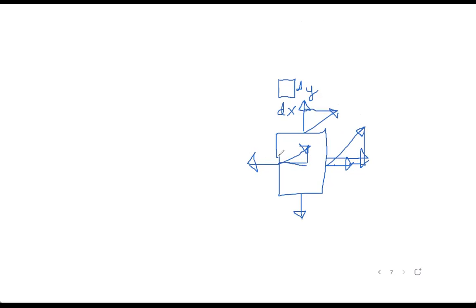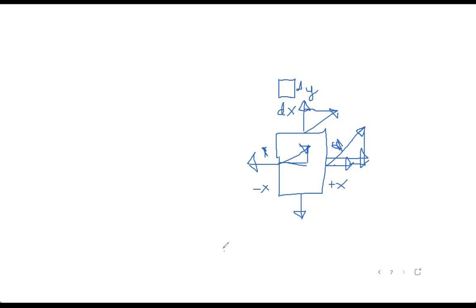So we have this tiny little square. And if I want to ask you, what's this component over here minus this component over here? What's the change here? So if my flux is like this way, we can call this surface the plus x surface, and this surface here the minus x surface.